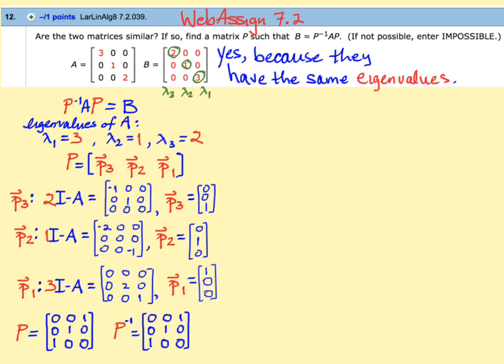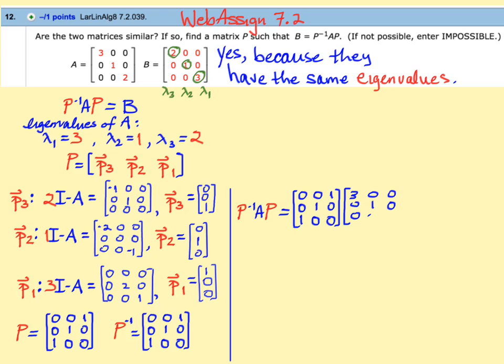Okay, so now let's do the multiplication and make sure we got the right matrix. So P inverse A P is, here's P inverse, there's A, here's the matrix P, same as P inverse.